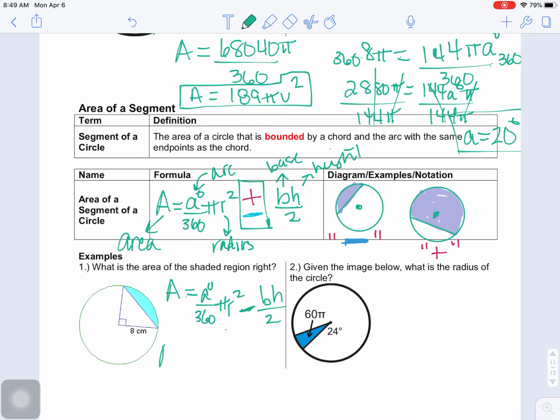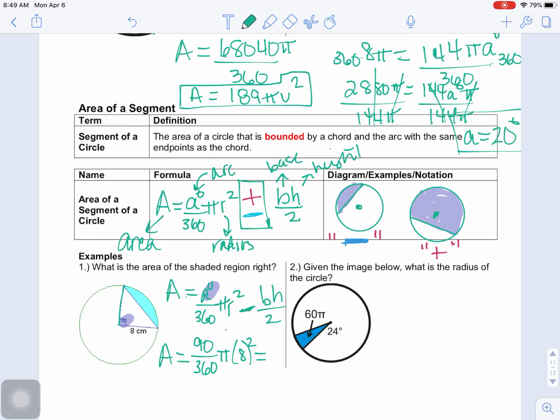I'm going to plug in all of the information that I know. Here we're being asked for the arc. Well, here's the central angle, so the arc is going to be equal to 90 times pi, and then my radius is 8 squared.